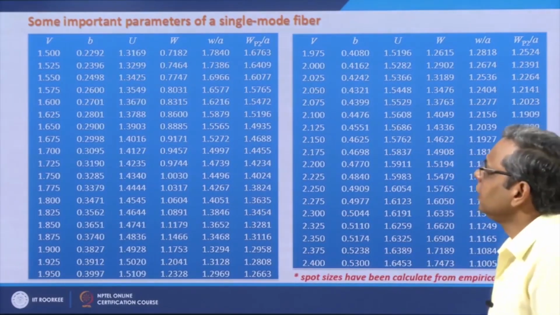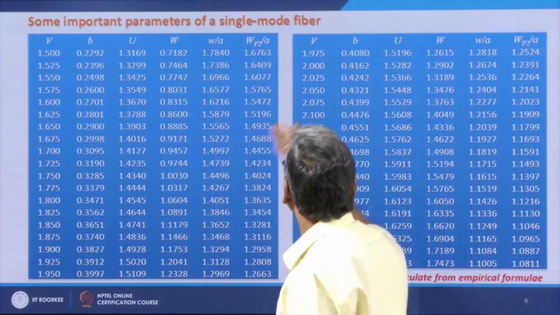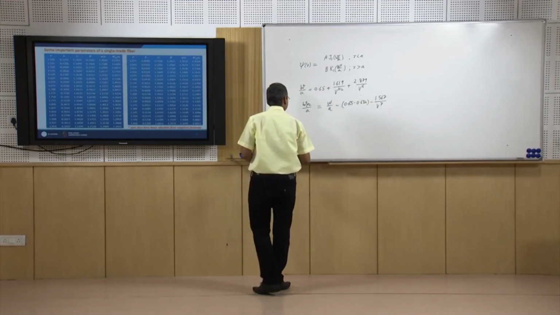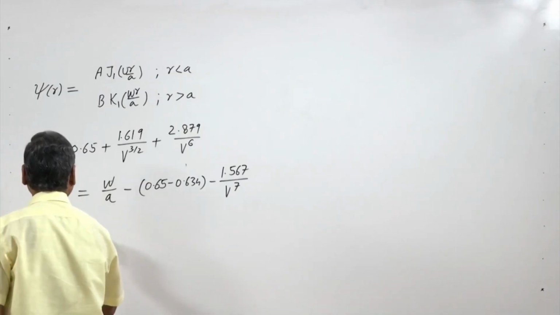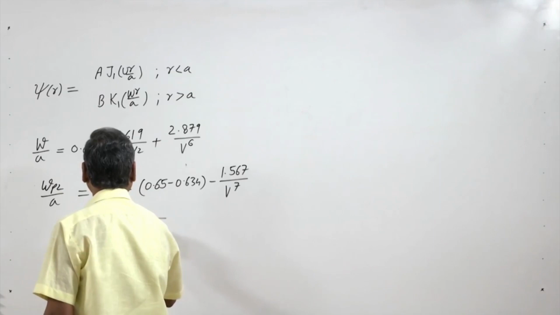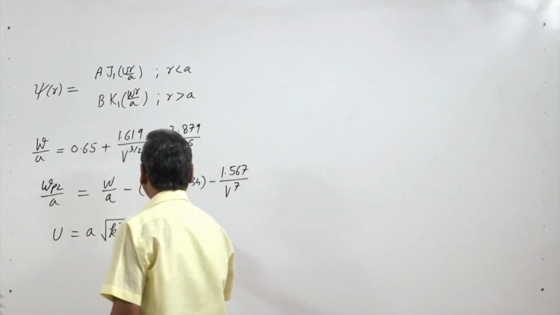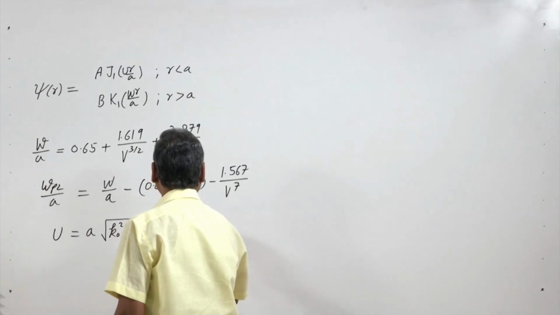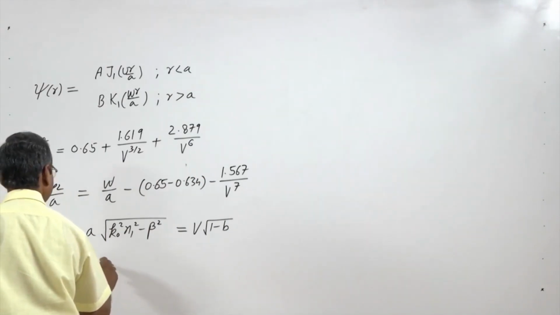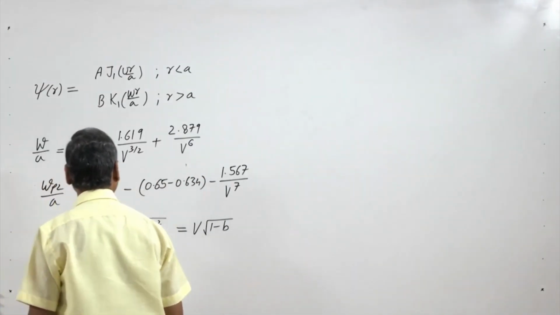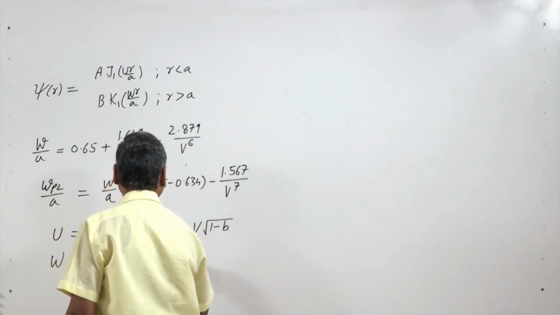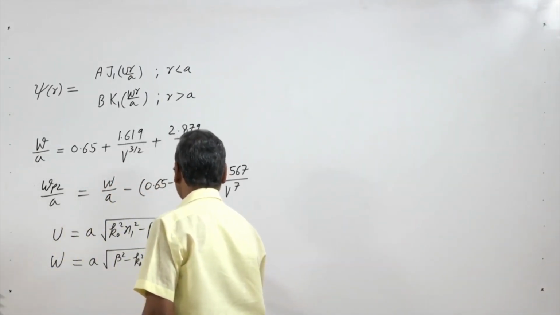These parameters are normalized propagation constant B, U. You remember that U is defined as U is equal to A times square root of k naught square n1 square minus beta square, or you can also write it as V times square root of 1 minus B, and W is defined as A times square root of beta square minus k naught square n2 square, and it is defined as V times square root of B.